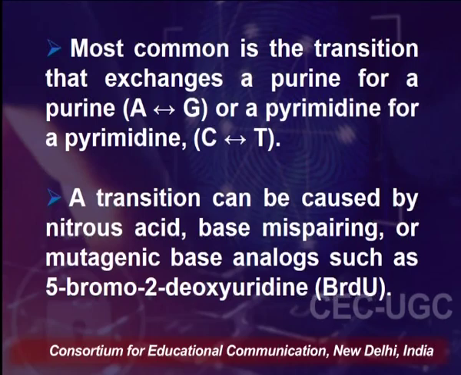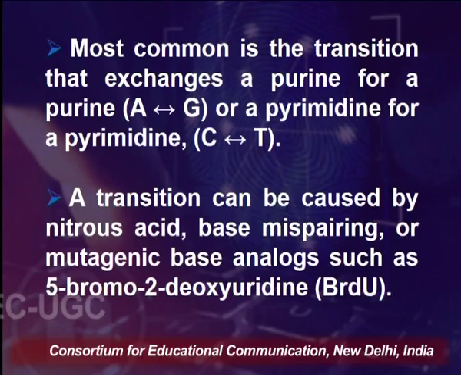For example, if we have the base A, instead of that the mutation could occur and a person can have another base T on that particular point. The most common point mutation we see is a purine for a purine, that means adenine might change to guanine or guanine might change to adenine, or a pyrimidine for a pyrimidine, that cytosine might change to thymine or thymine might change to cytosine.